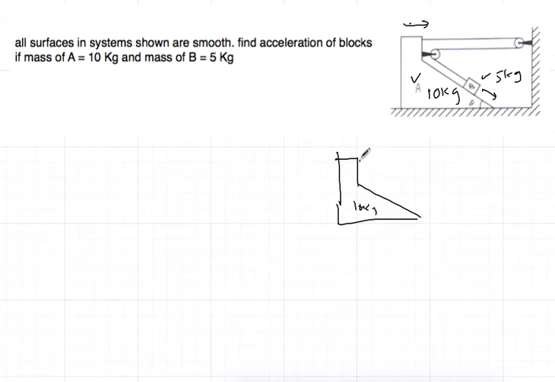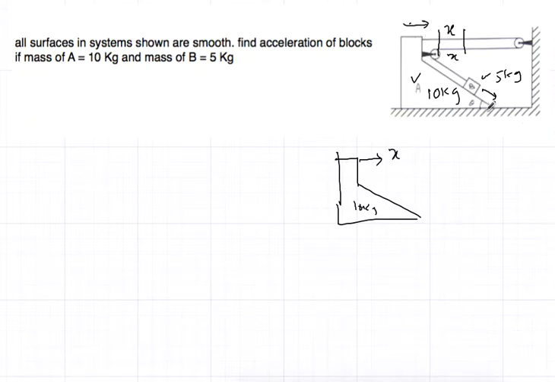So if this body is moving in this direction a distance x, both these strings are losing a distance x. So obviously this rope will gain a length of 2x. I'm coming again.